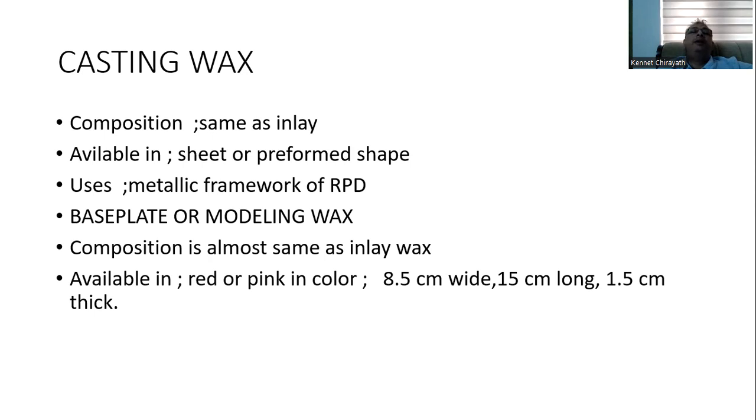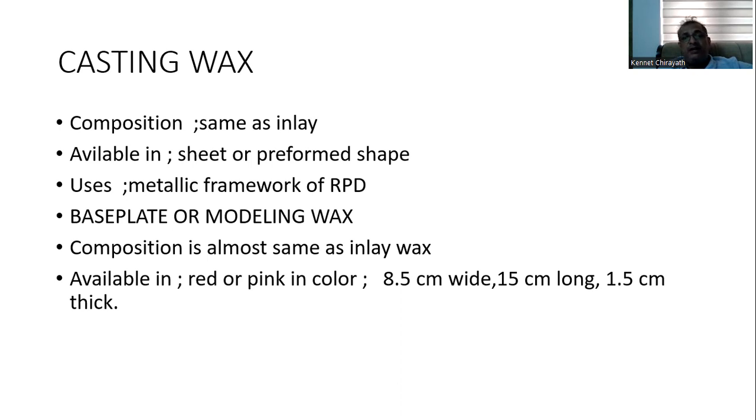It is used mainly for the metallic framework of RPD, base plate or modeling wax. It is available in red or pink color, 8.5 centimeter wide, 15 centimeter long, and 1.5 centimeter thick. So these are the casting waxes.